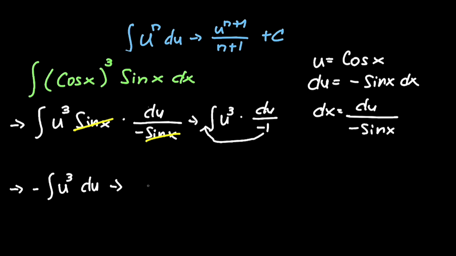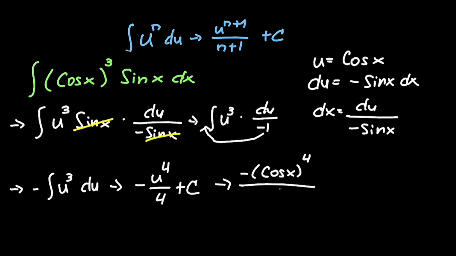The answer now would be negative u raised to the power 4 over 4 plus c. Resubstitute it back to its original value and you will get negative cosine of x raised to the power 4 over 4 plus c.